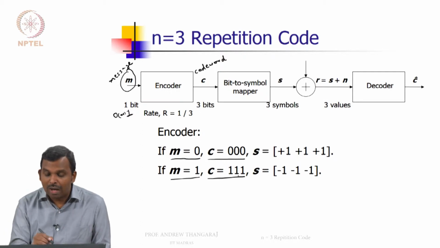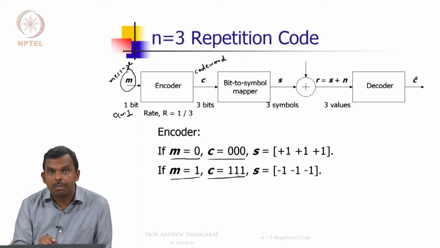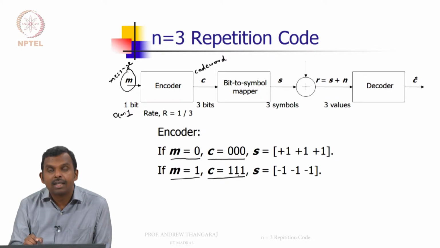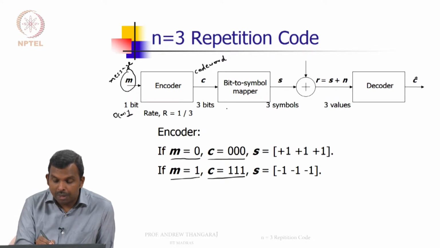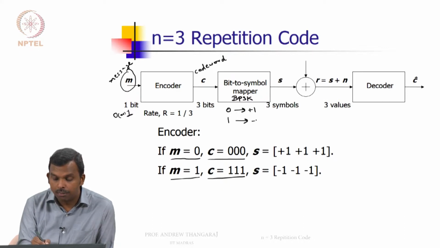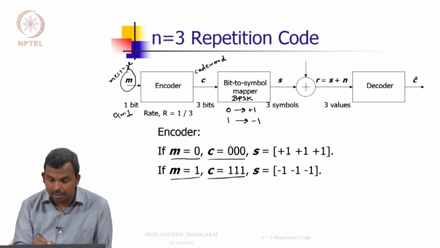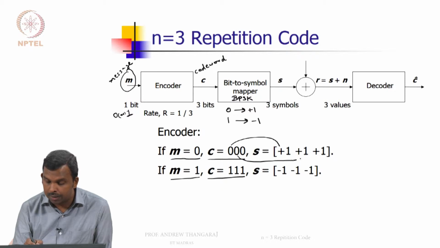Okay. So once you have the encoder in place, what you do after that is similar to what you did before. If you remember the BPSK bit to symbol mapper that we are using, it has this very simple rule. It takes 0 to +1 and 1 to -1. So this 0 becomes +1 here, this 0 becomes +1 here, and this 0 becomes +1 there.